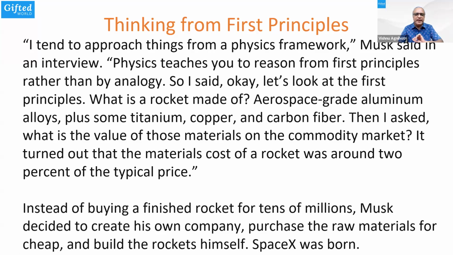So just the materials alone was just 2% of the price of a rocket, right? So 98% is the cost of design, maybe a little bit of manufacturing, whatever. So that told him that he could make his own rockets, bring down the price of rockets, and do a lot of other things.